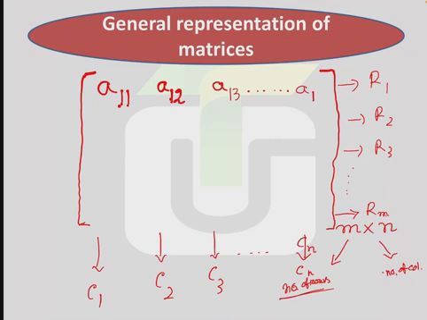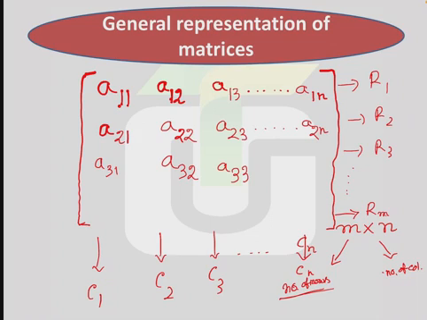Row 1 but n-th column, so A1n, right? Next is second row, first column, so A21. Next is A22, then A23, like that, then A2n. Next is A31, A32, A33, and A3n.